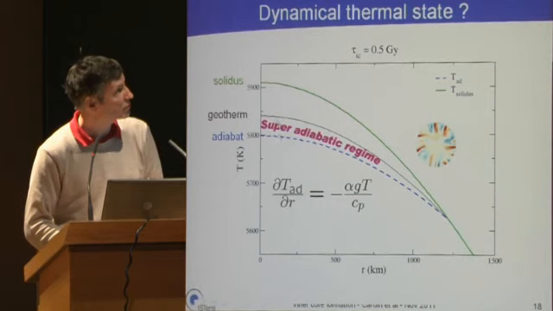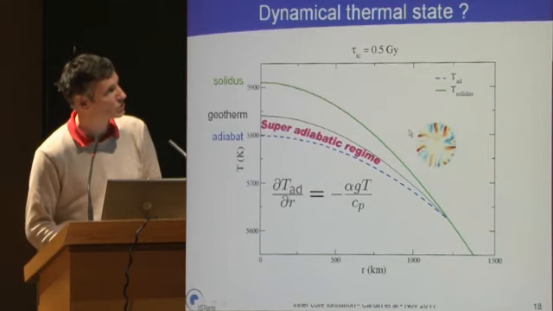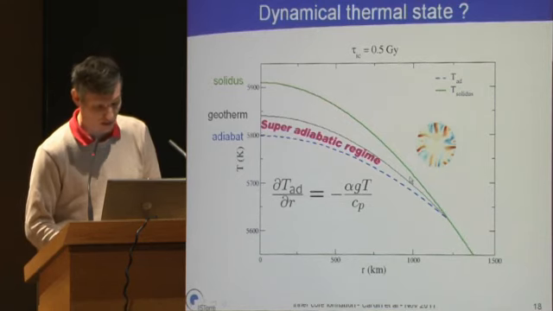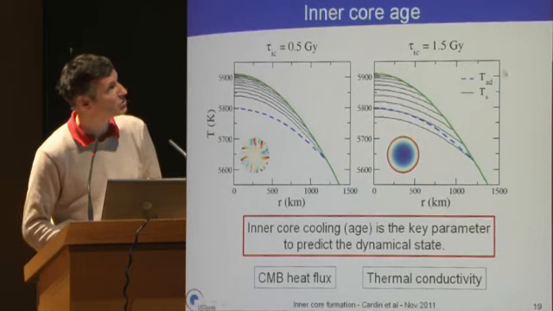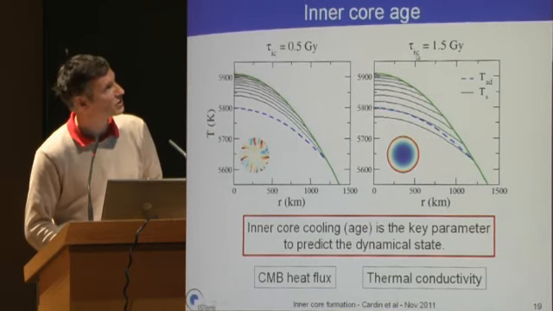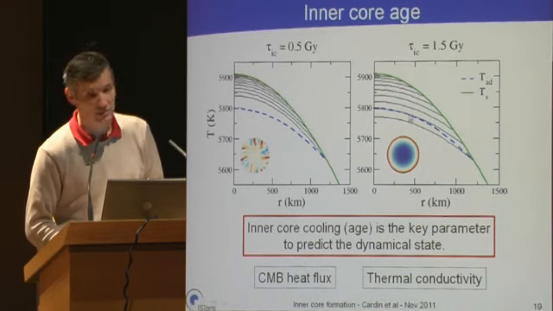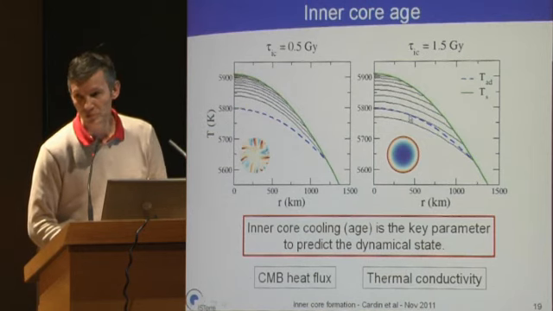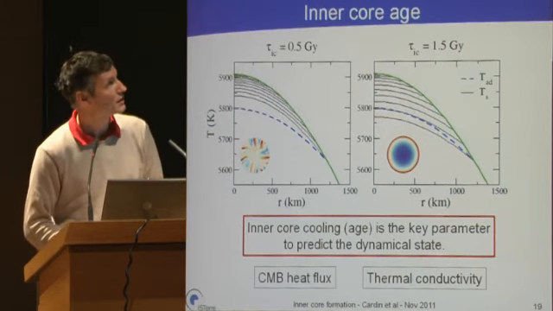The geotherm could be above the adiabat, and then we have a superadiabatic regime, which could lead to thermal convection. But you can also have the opposite, like this here: if the lifetime of the inner core is 1.5 gigayears, then the geotherm is below the adiabat, and then no thermal convection can occur.